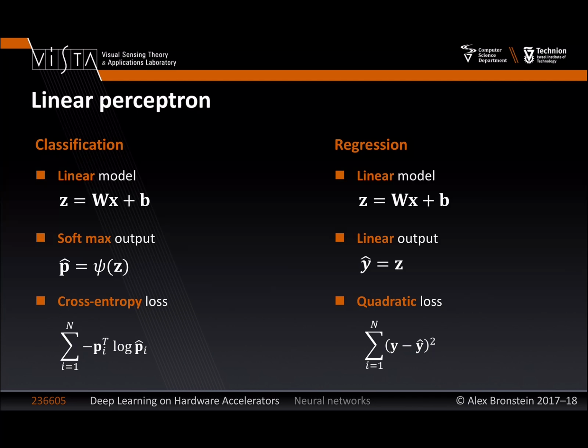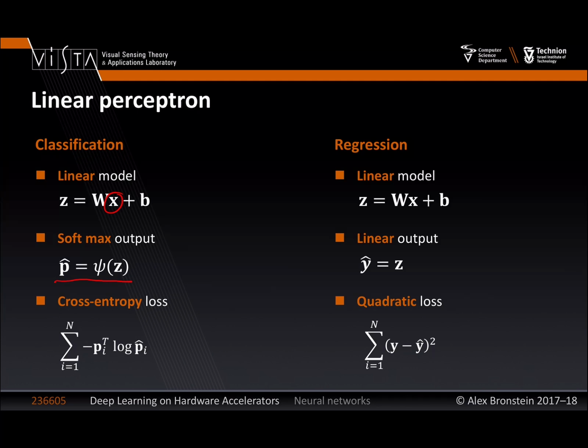In both cases we use a linear model, or actually an affine function of our instance data, a k-dimensional affine function. We use a softmax in the case of classification to produce a data point in the probability simplex, because we are then going to interpret this output as a probability distribution.